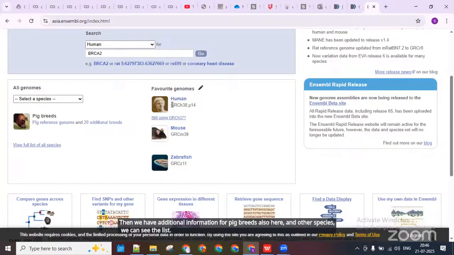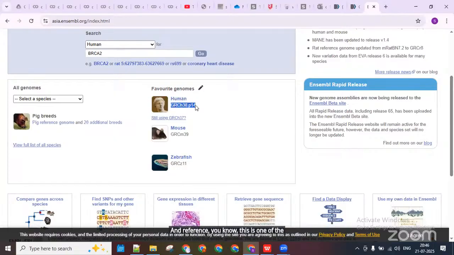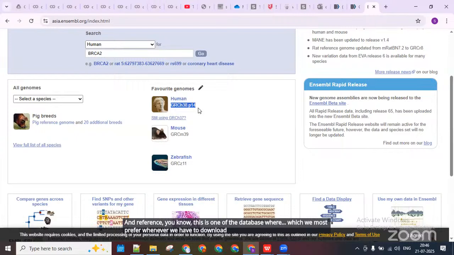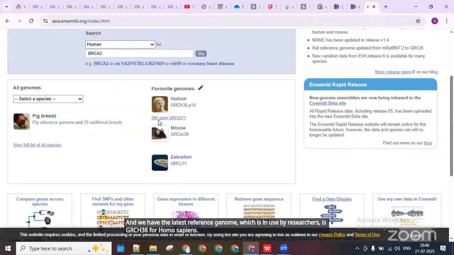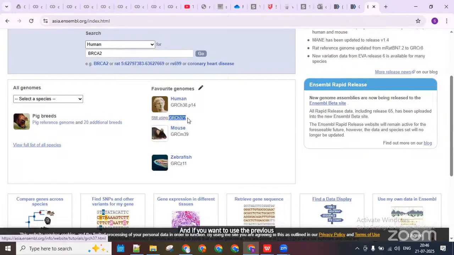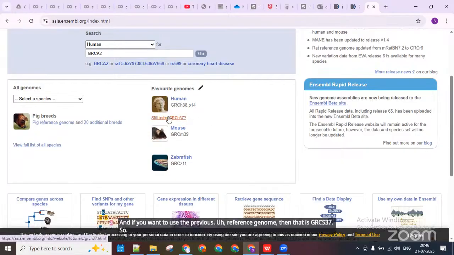And reference genome, this is one of the databases which we most prefer whenever we have to download the reference genome to map our samples. The latest reference genome in use by researchers for Homo sapiens is GRCh38, and if you want to use the previous reference genome, that is GRCh37. This link will redirect you to that reference genome, and you can directly download it.